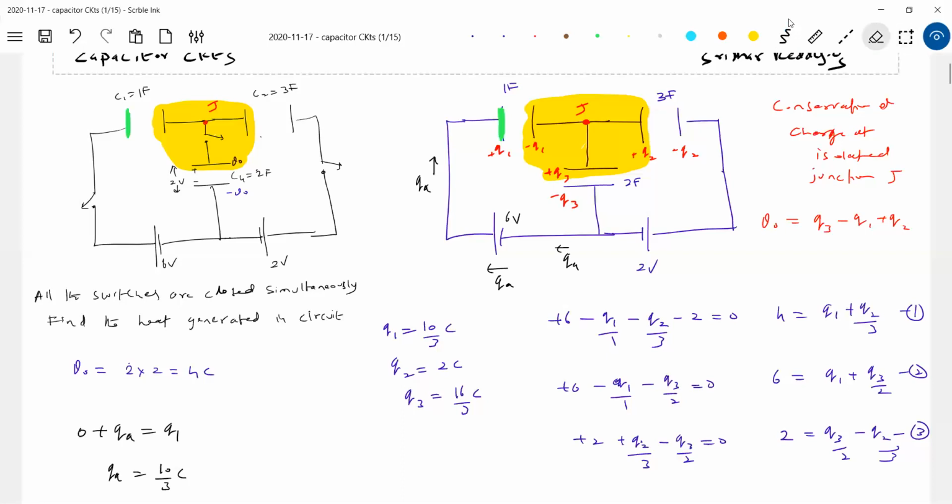Now let's come to this one. What was the earlier charge of this plate? It was 0. Now it has become minus Q2. So what do we expect? Some positive charge has flown like this. Let me bring that charge like this here.